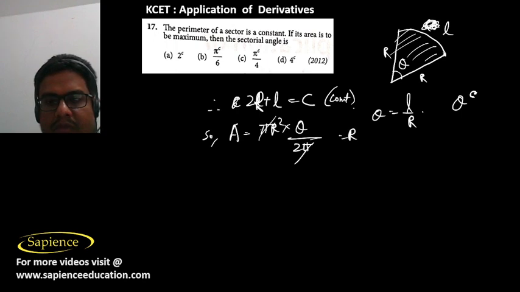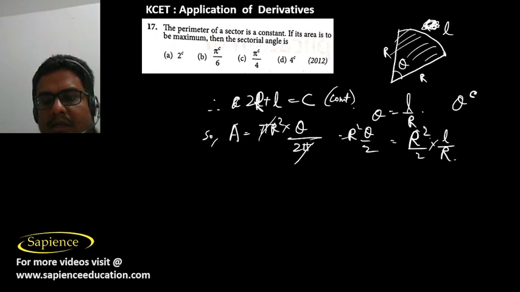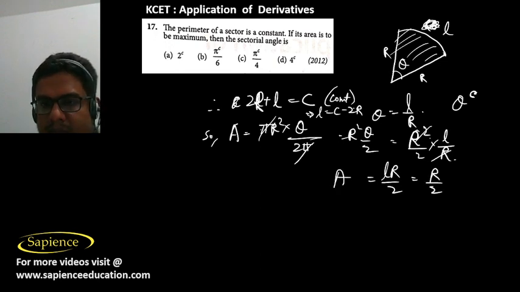It will be r square into theta by 2. This I can write as r square by 2 into theta. Theta is again L by r. r will cancel. This is L r by 2. L is C minus 2r. Therefore the area will be r by 2 into C minus 2r.